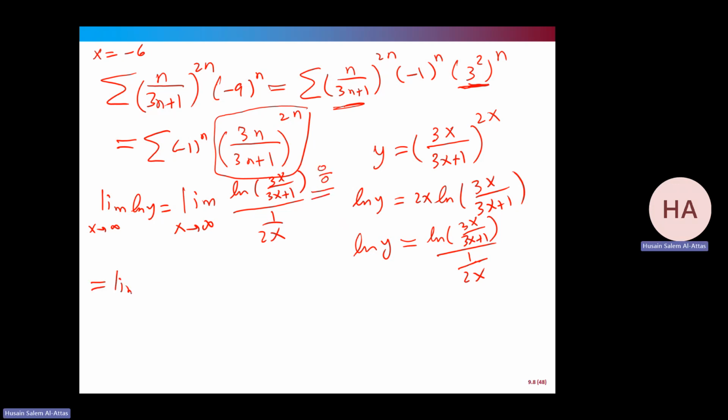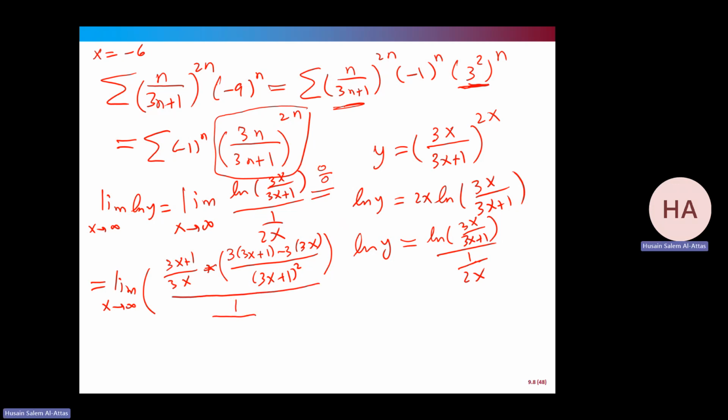So that will be the limit as x goes to infinity of (3x+1)/(3x) times the derivative of this. The derivative will be [3(3x+1) − 3(3x)] over (3x+1)², all of this over the derivative of 1/(2x), which is −(1/2)(1/x²).